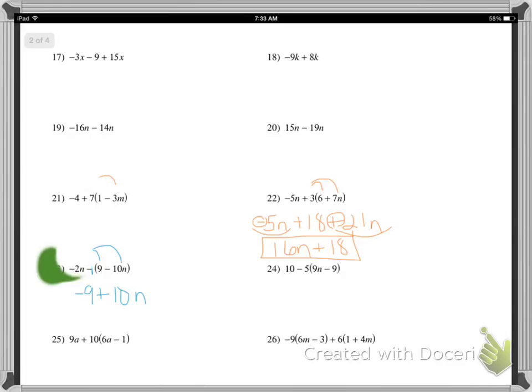Now if we erase so that we can see what we had in the front, we had a negative 2n. There was already a negative here, so that was awesome. I didn't have to write a sign. Combine like terms. Different signs, find the difference, sign of the higher number, so I have a positive 8n. Bring down the negative 9 because there's no other constant term.